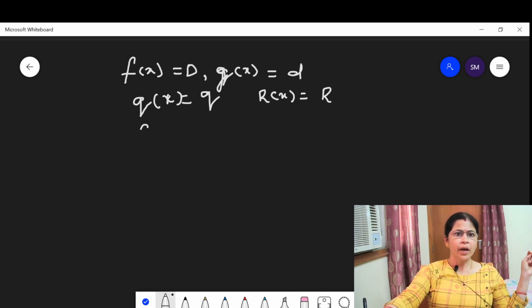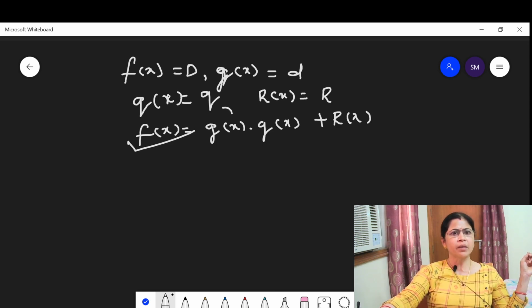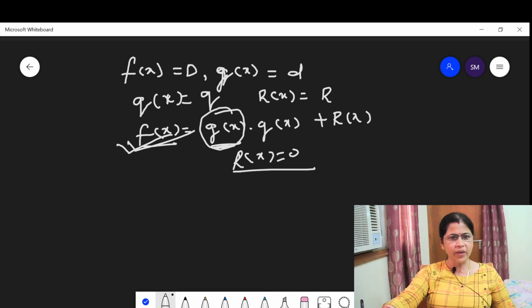Then f(x) is equal to g(x) into q(x) plus r(x). When f(x) is completely divisible by g(x), meaning g(x) is a factor of f(x), you get r(x) equal to 0. When the remainder is 0, this means g(x) is a factor of f(x).